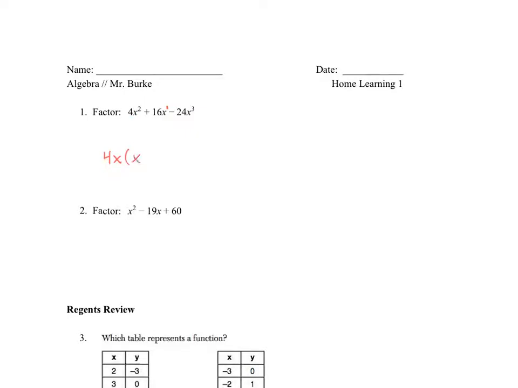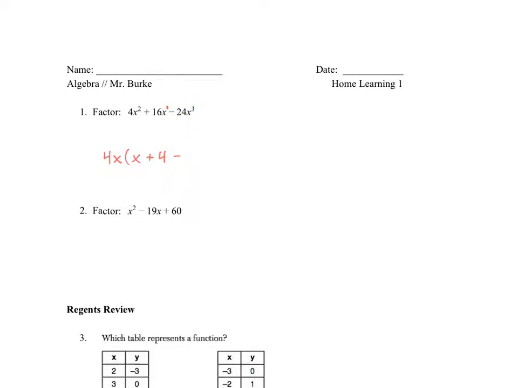Well, that's just x. And then what do I multiply 4x by in order to get 16x? That's just 4. And then finally, what do I multiply 4x by in order to get 24x to the third?